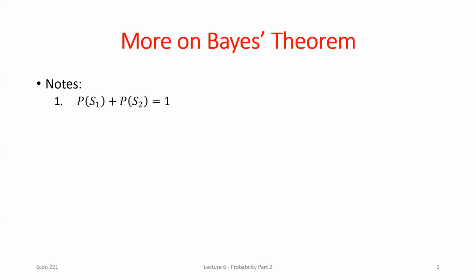There's no overlap. Can't have the disease and not have the disease, right? So instead, we're writing these as a complement. We know the probability of an event and the probability of its complement add up to 1. So for us, those 2 states of nature, those probabilities should add up to 1 as well. It's the same idea as that complement rule.